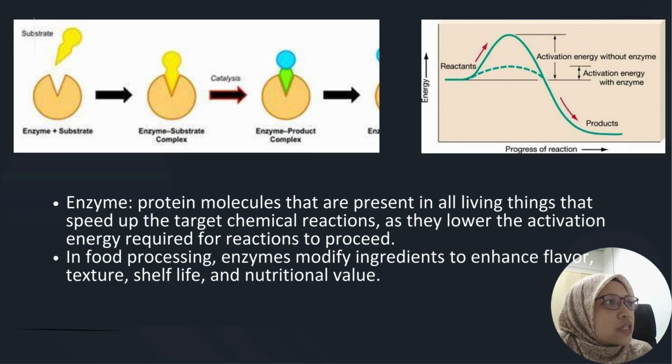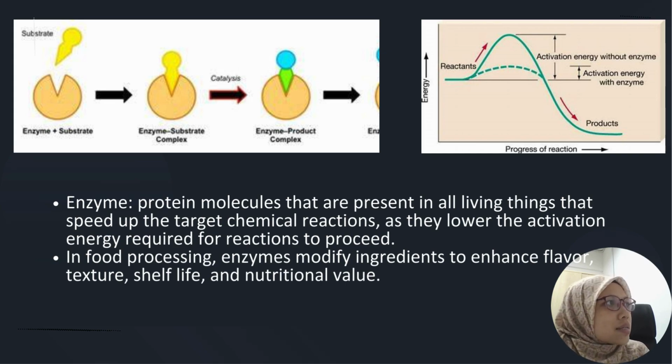Okay, next is this figure. See the figure on your left and also on your right. As I mentioned just now, enzyme is a protein molecule that is present in all living things that speeds up the target chemical reaction, as they lower the activation energy required for the reaction to proceed.